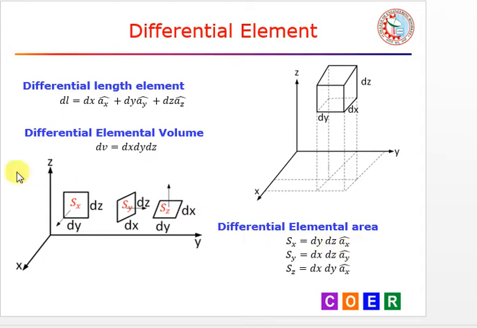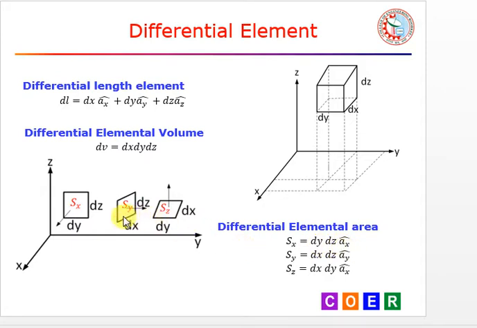This expression is for this surface. The direction of the plane is its normal, so here the normal to the plane is ax. So we can write the differential elemental area in the direction of x as dy dz unit vector ax.